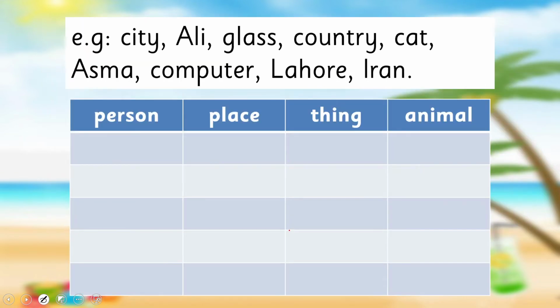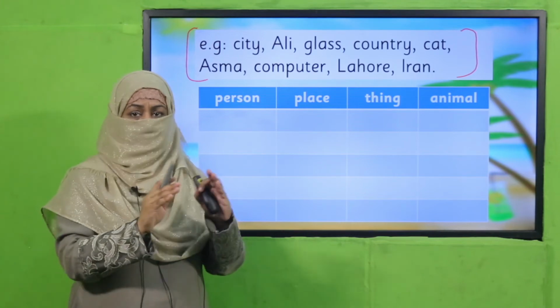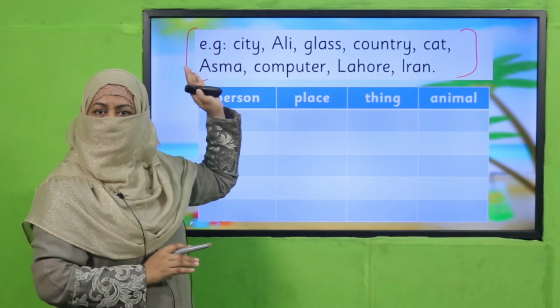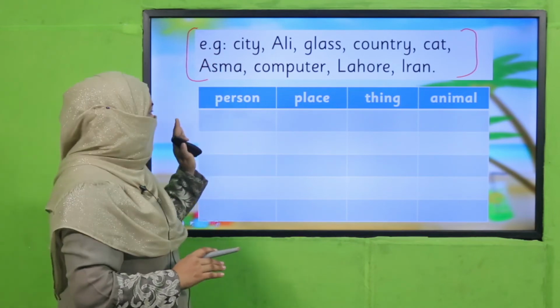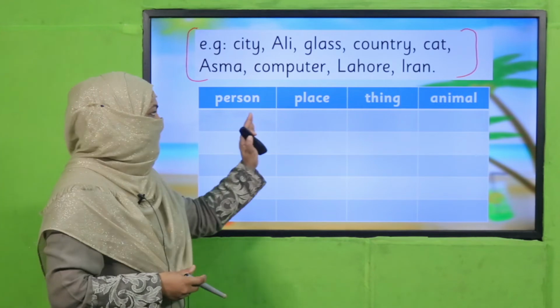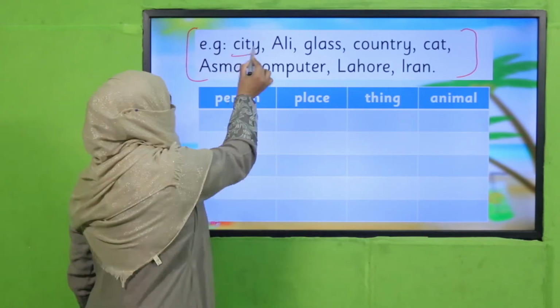So teacher, this is how you are going to give a word bank containing common and particular, both. Now, because we have discussed naming words as common and particular clearly, there is a mixed naming word bank given to students, and they have to categorize, classify it into person, place, thing, or animal.